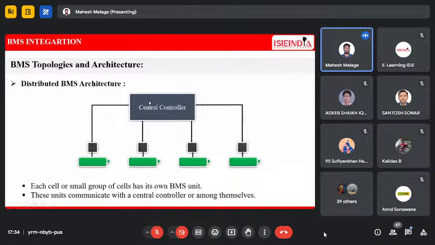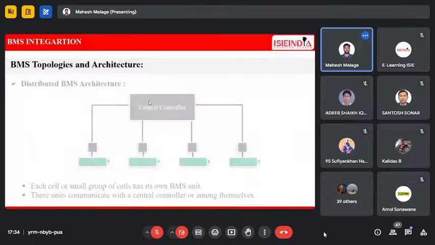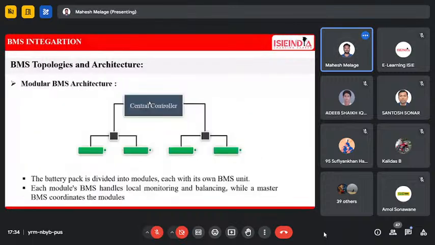Okay. The next one is the modular BMS. You can see the BMS can be classified into different parts. In the picture, the battery pack is divided, and these divided battery packs are coupled to BMS units, and these BMS units are connected to the central controller.